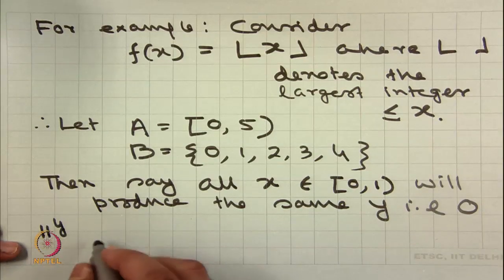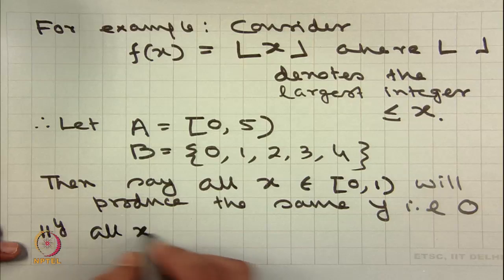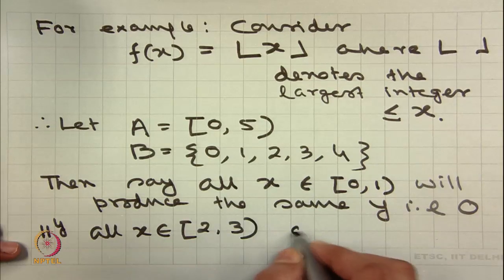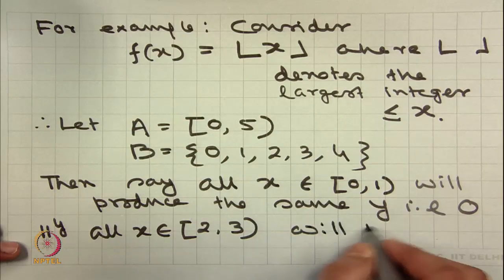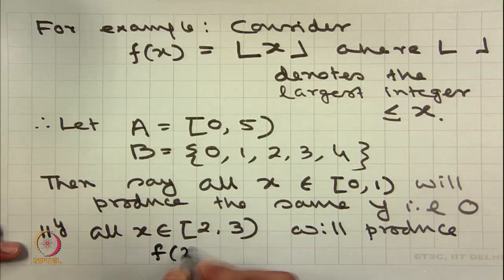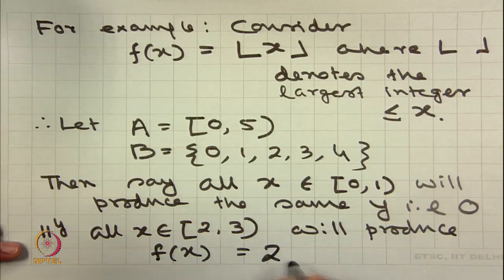Similarly, all x belonging to [2, 3) will produce f of x equal to 2.